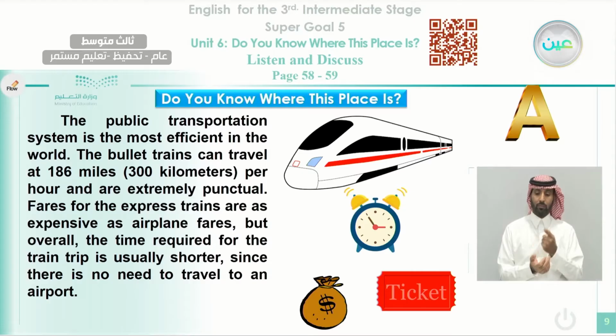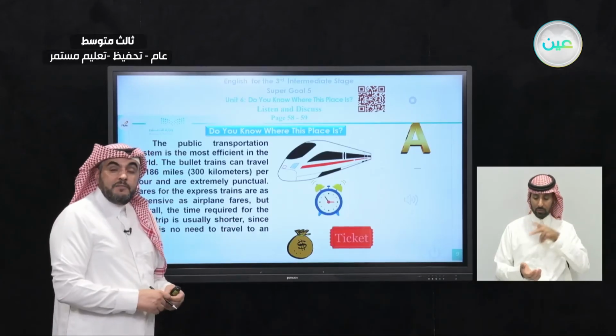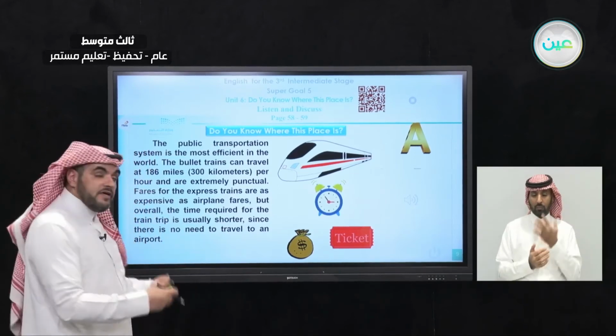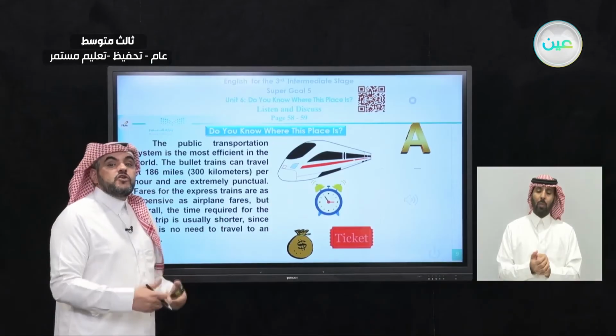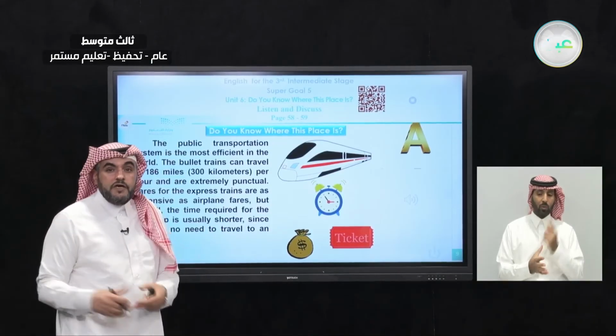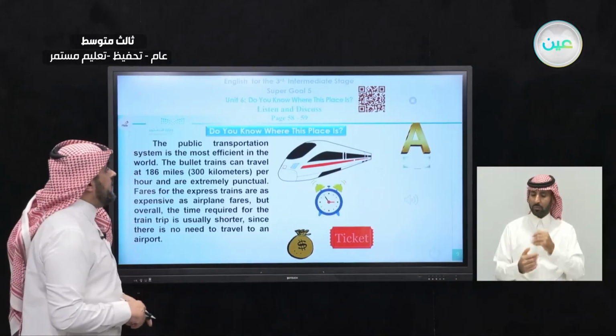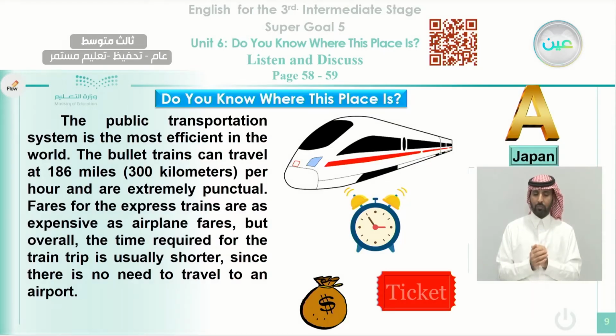But overall, the time required for the train trip is usually shorter since there is no need to travel to an airport. It is easier to get to a train station, and you go there. The time is considered shorter because you don't need to go to the airport and follow the procedures of going on a flight. Okay, so what is it? This is Japan. Okay, we talk about this one, which is Japan.